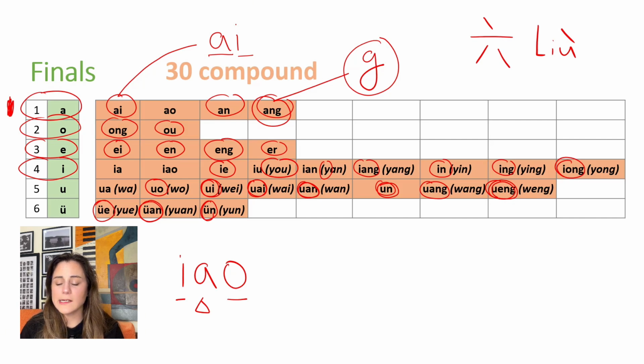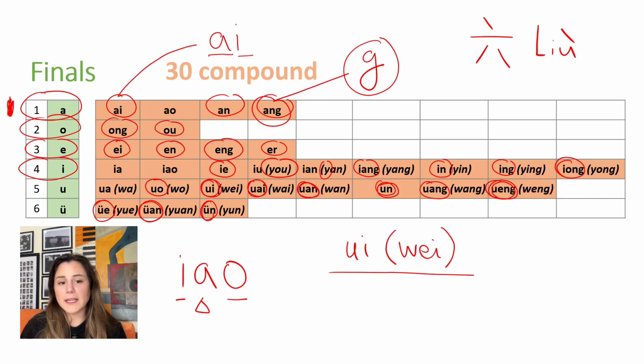Let's imagine the ui, right? Which is actually pronounced as wei. This is a final, which means that this one needs an initial. Initial is a consonant. For example, let's say sh. So sh is initial, wei is a final.